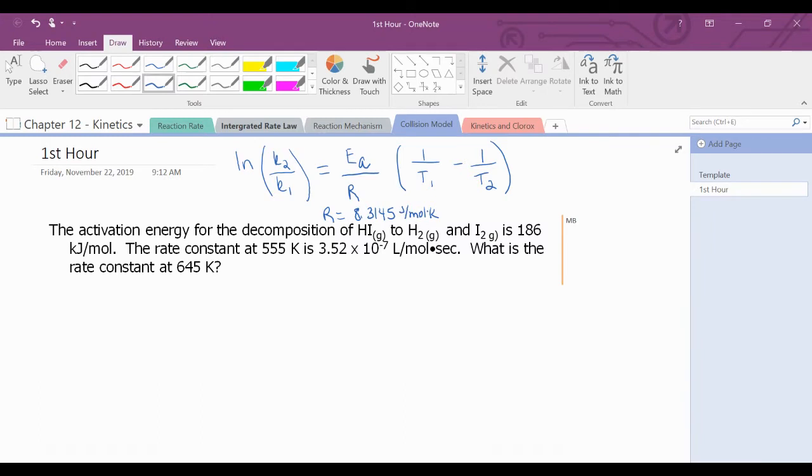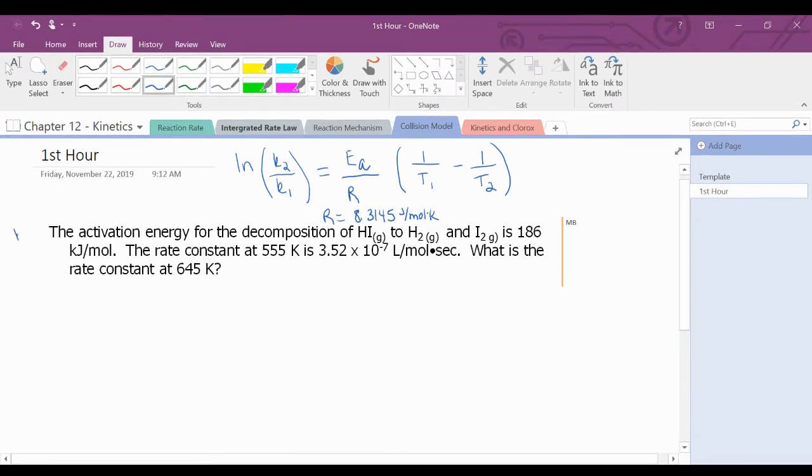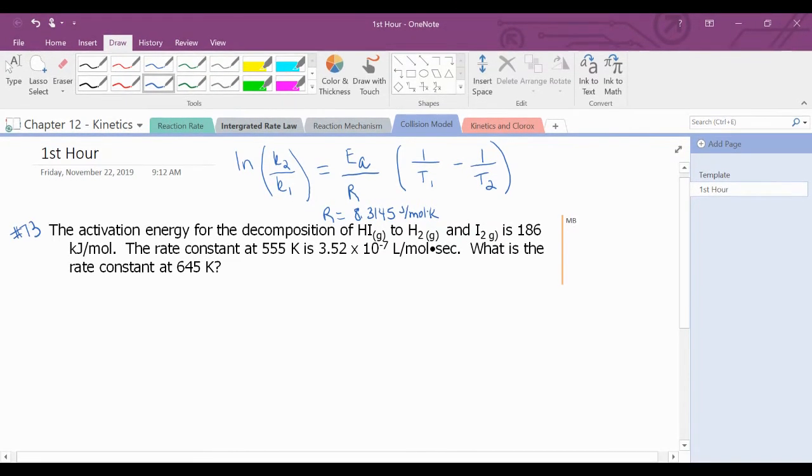All right, so here's the first problem we're going to do, and this actually comes from your textbook. This is problem number 73. The activation energy for the decomposition of HI to hydrogen and iodine gas is 186 kilojoules per mole. So the first thing I want to point out to you is that activation energy and our universal gas constant need to have the same units.